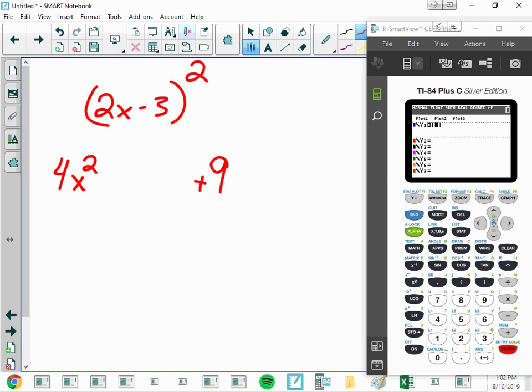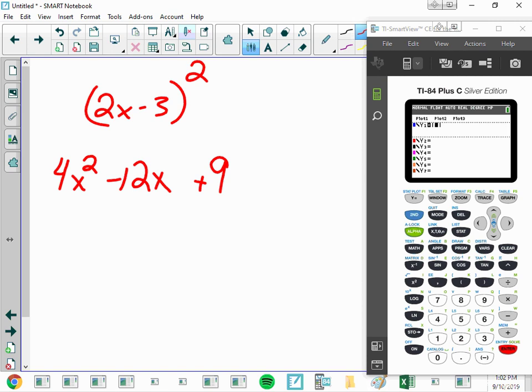Not 9. 12. Oh, almost. Negative 12x. Why negative 12x? The 2 and the 3 make negative 6x, and then we double it. You got this. And we get negative 12x.